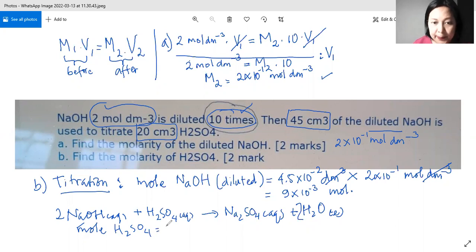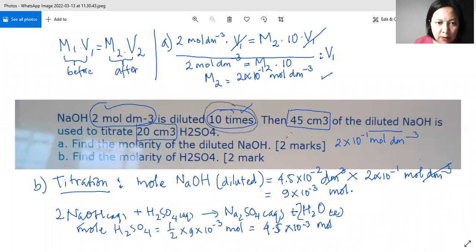The mole of sulfuric acid is always half of the mole of sodium hydroxide. So half times 9 times 10 to the power of minus 3 mole is 4.5 times 10 to the power of minus 3 mole.